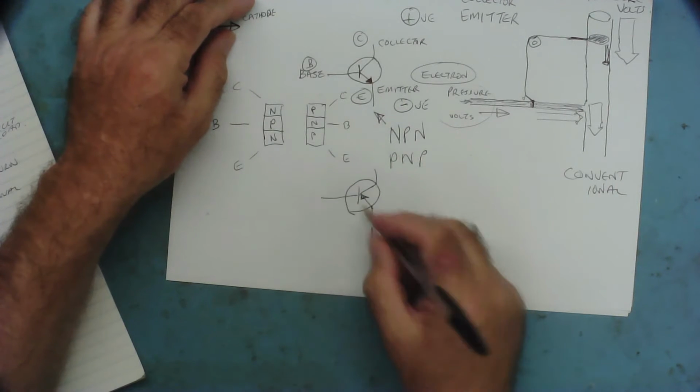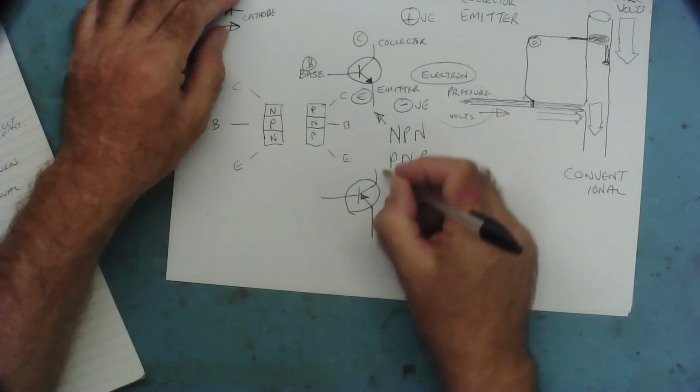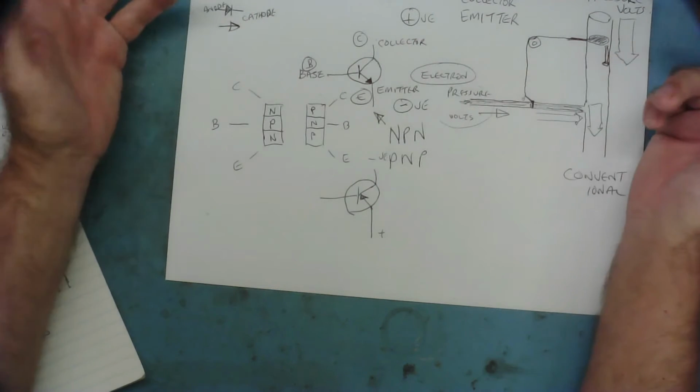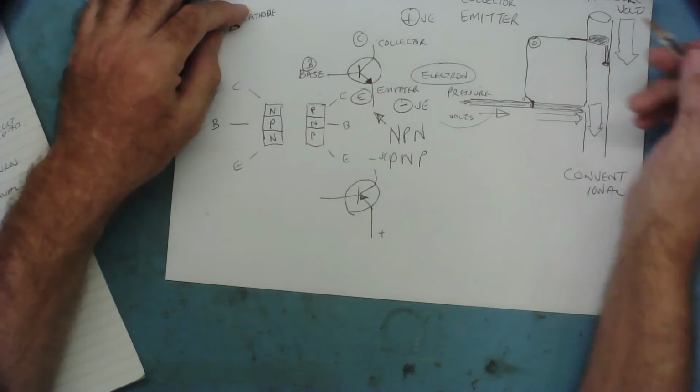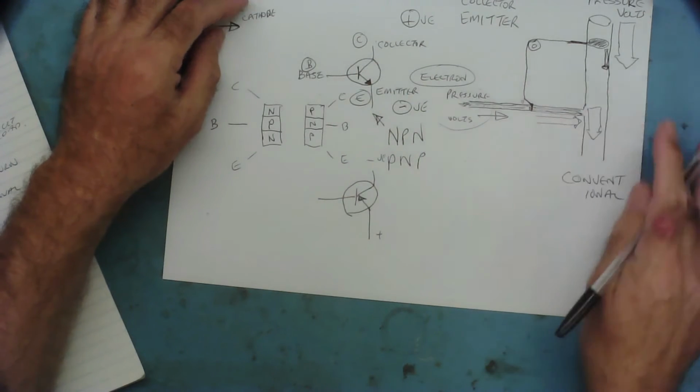And in this case, conventional current flows from positive to negative, whereas in this case it flows the other way around.